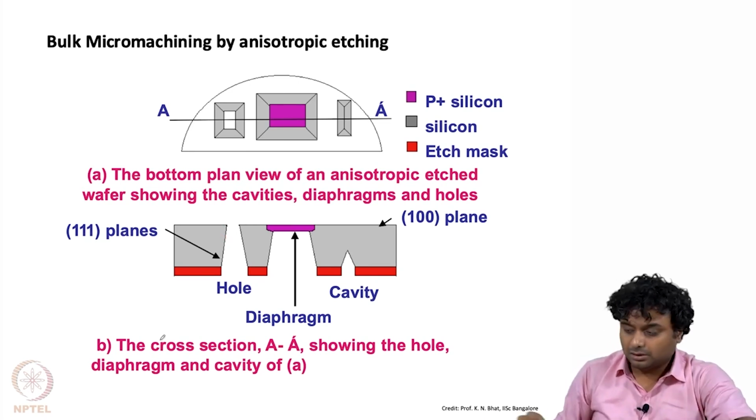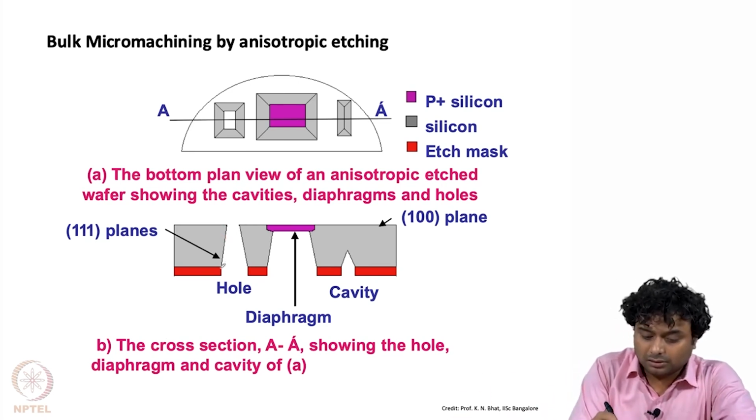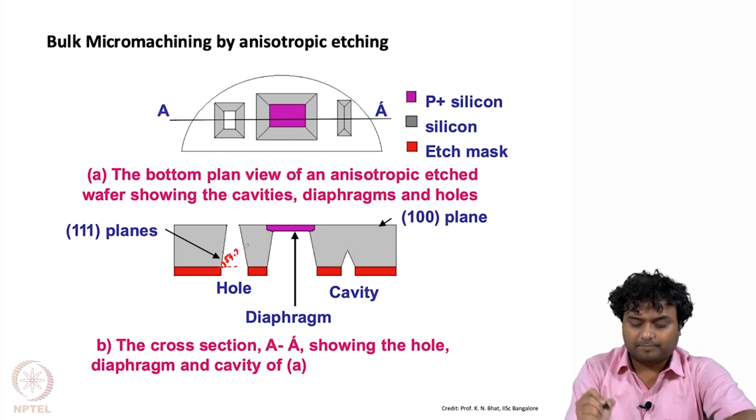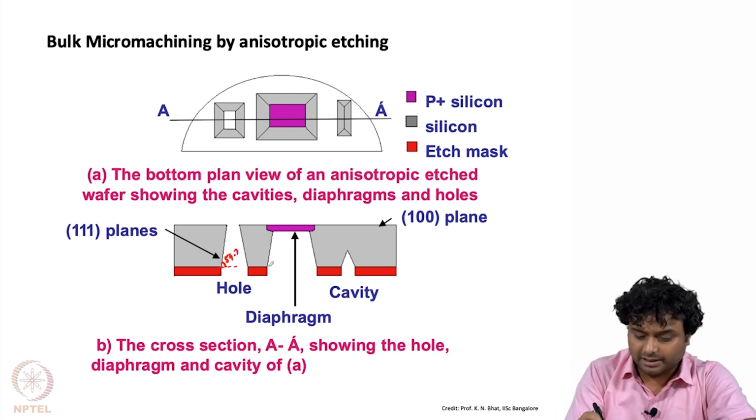So let me just write down here. If it is a 100 plane, then this is the angle which is 54.7 degree. Okay, 54.7 degree. All of these angles are 54.7 degrees.